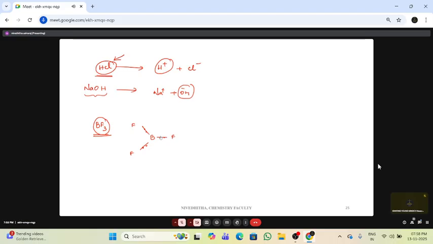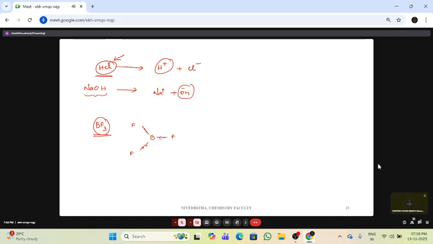6 electrons, right? What is the octet rule? In a molecule, the central atom should have 8 electrons. Then only that compound will be stable, right? So according to the octet rule, is BF3 stable? No, because this boron contains only 6 electrons.